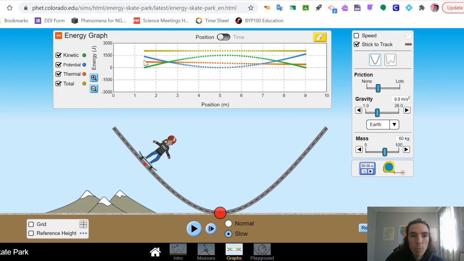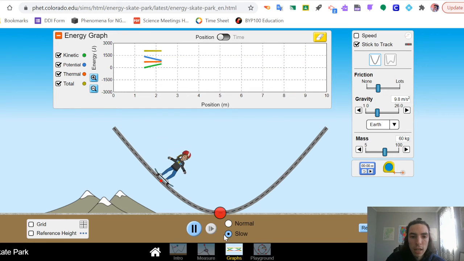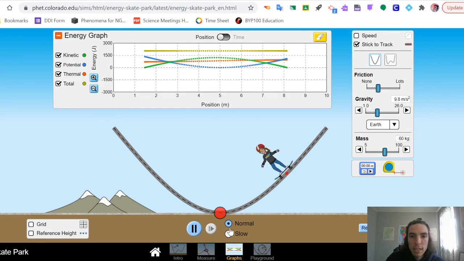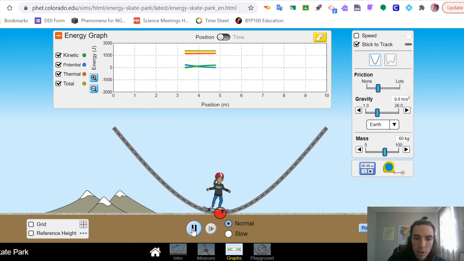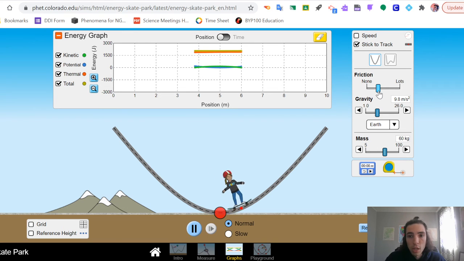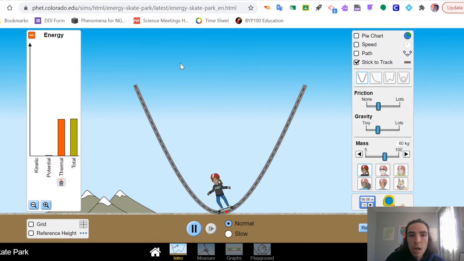So now at the top, our potential is taking up even less of this total, and then even less, and the thermal keeps increasing while the potential and kinetic at their maxes decrease until, just like we saw in the other example, all of this energy in the system becomes thermal because friction is acting to take away some of these other types of energy and convert potential and kinetic into thermal energy.